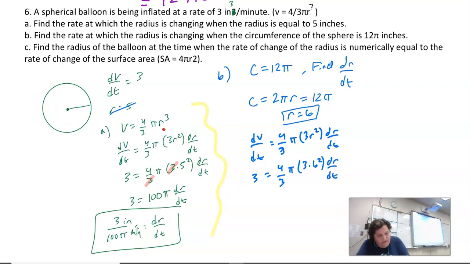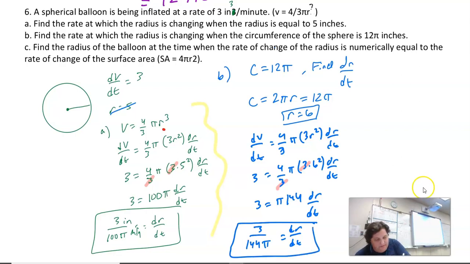Okay. Boom, boom. 3's cancel out. 6 squared is 36 times 4 is, I think, 144. Yeah. So dr/dt at that time is 3/144 pi. All right, which reduces or whatever. You don't have to reduce it, but there you go.